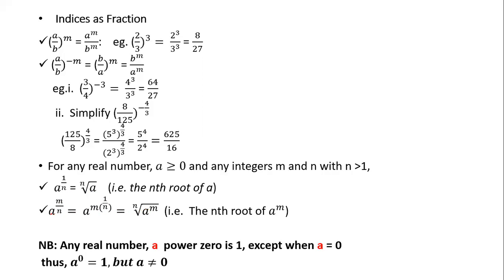A power M over N can be expressed as A power M multiplied by power 1 over N, or A power M all power 1 over N. And this power 1 over N is the same as the nth root of A power M, as you see here.